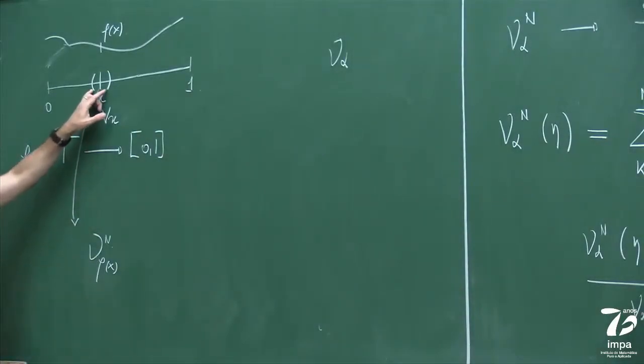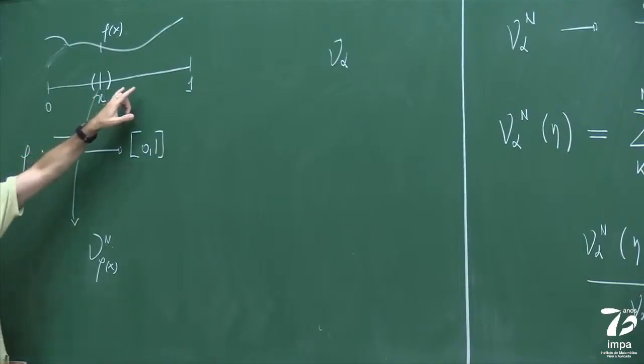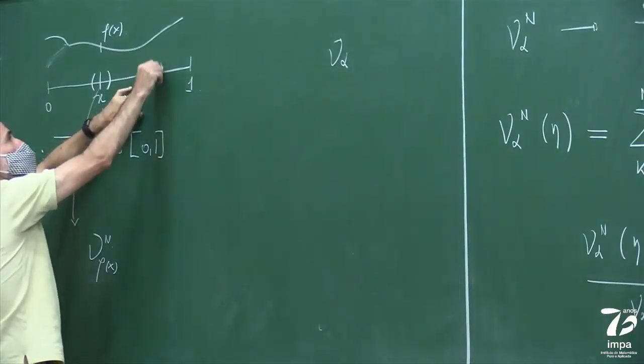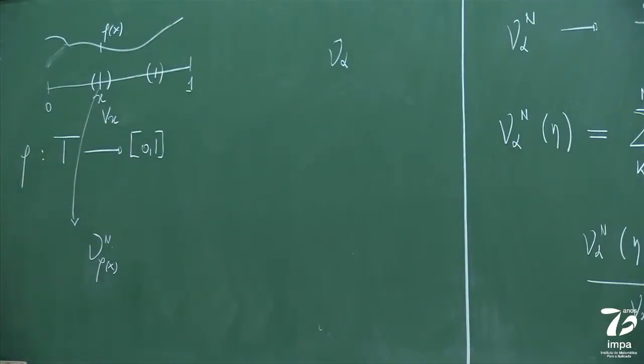Because, well, the equilibrium around x might be different from the equilibrium around y. Okay, because the density around x can be different from the density around y. Of course, if rho is flat, a constant function, then it's equilibrium. But if rho is not constant, I would say that it's a local equilibrium.